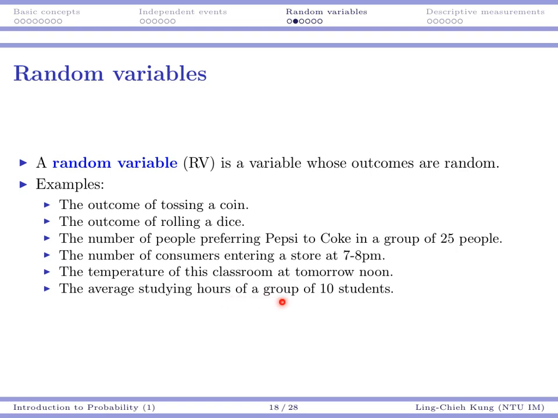Finally, if I randomly select 10 of you and ask you how many hours you spend on this course each week, then the average studying time will be random. Each time when I select 10 students, I may select a different group, and then of course the average will be different. So all of these are random variables.